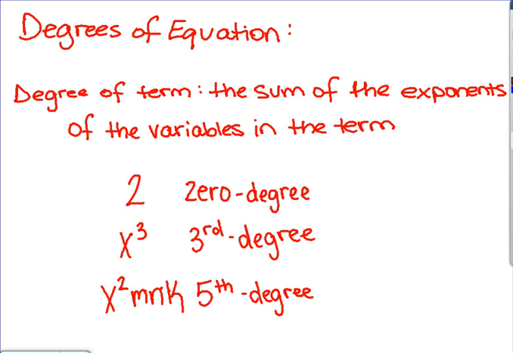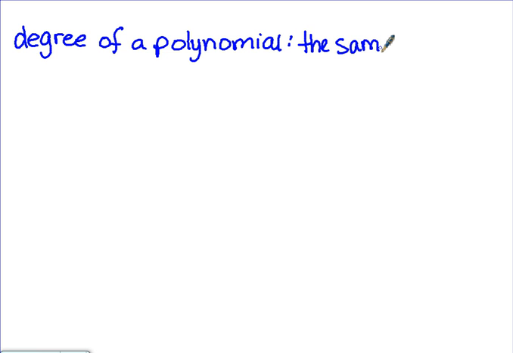All right, let's talk about the degree of a polynomial. This is degree of an equation. All right, so when we're talking about degree of a polynomial, we first have to look at each of the individual terms, and the degree of the polynomial would be the same as the highest degree term.